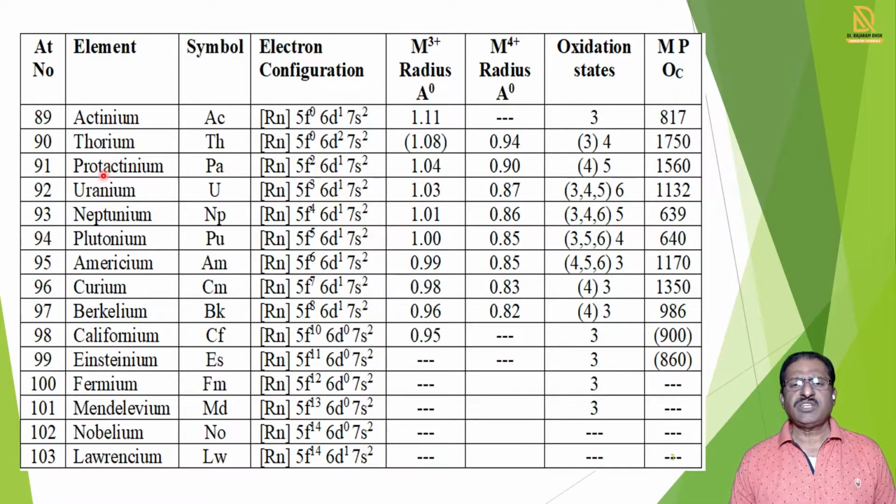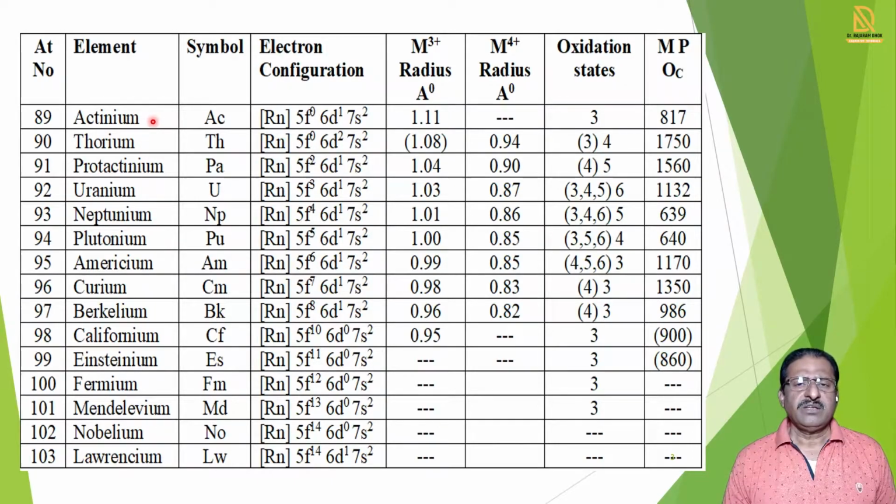This series starts from actinium, atomic number 89, and atomic number 103, lawrencium, is the last member of this series. Again, we see here the total elements are 15, but in this f block element or actinide series, 14 elements are present.